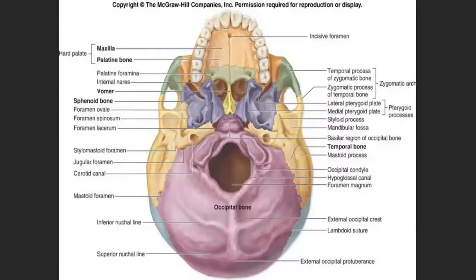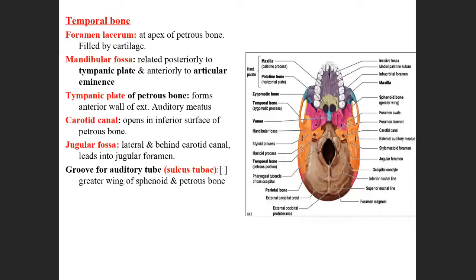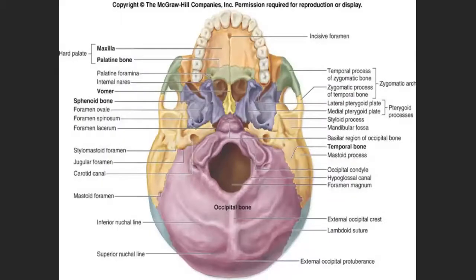Here you can see all these are the foramina. Here foramen ovale, foramen spinosum, foramen lacerum, and then what you have? Foramen lacerum first. Where is foramen lacerum? Here you see the foramen lacerum, and behind this you have the carotid canal, where the carotid artery passes.